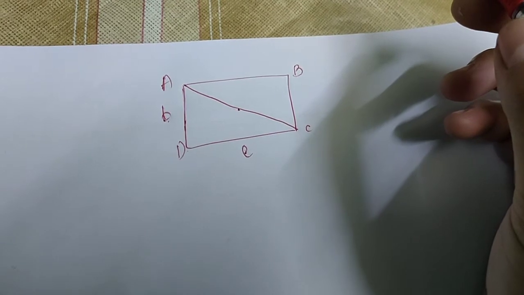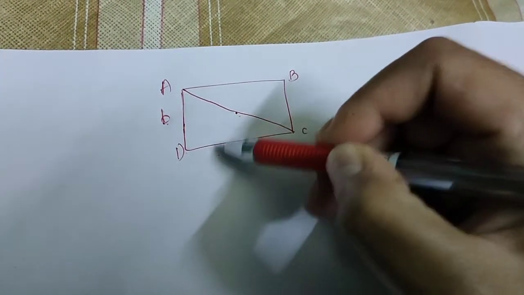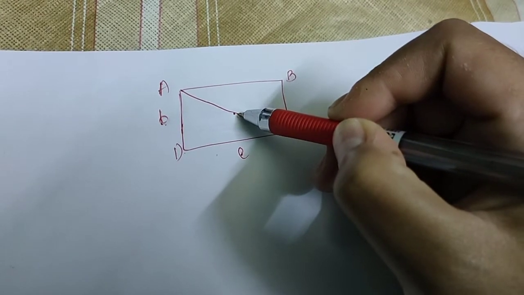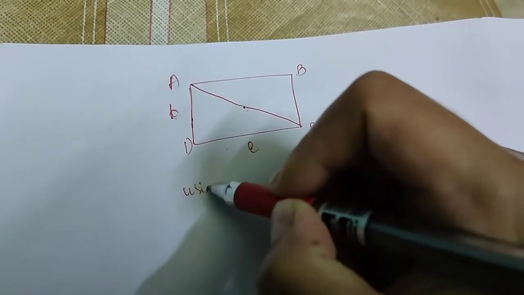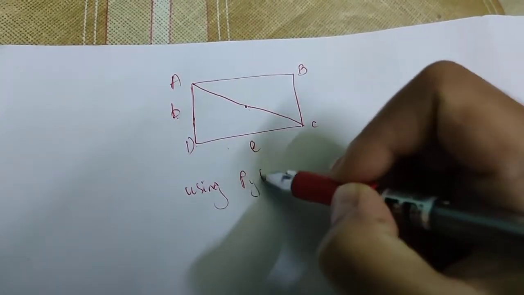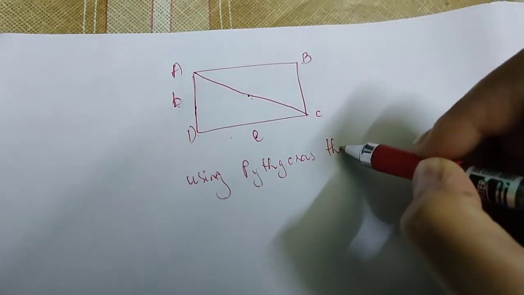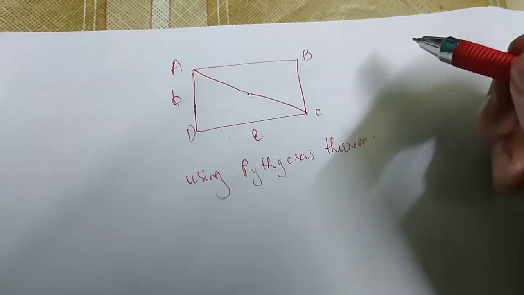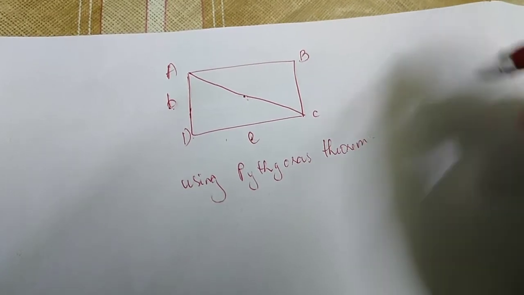So how to find this length? You have this and this length, and you have to find the diagonal. So we use the Pythagoras Theorem. It is applicable only to a right angle triangle. Remember this.